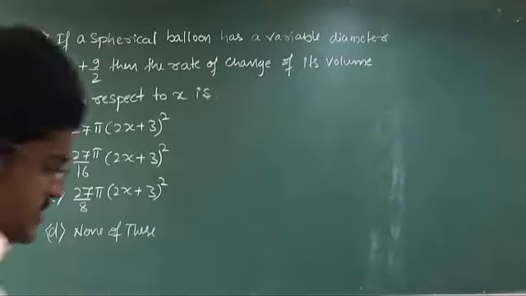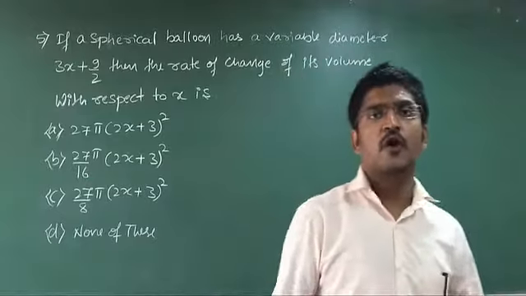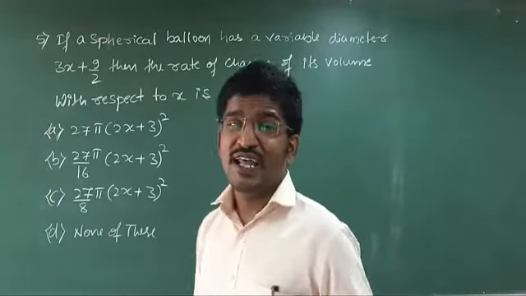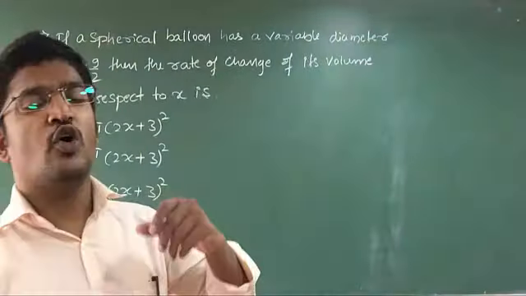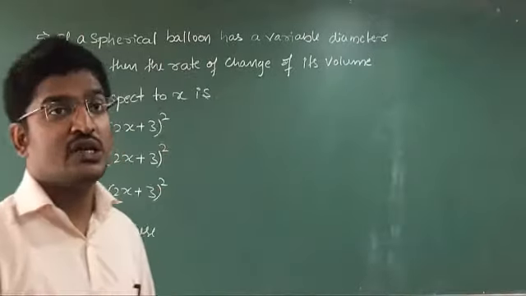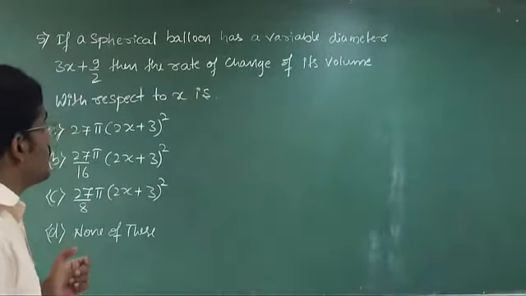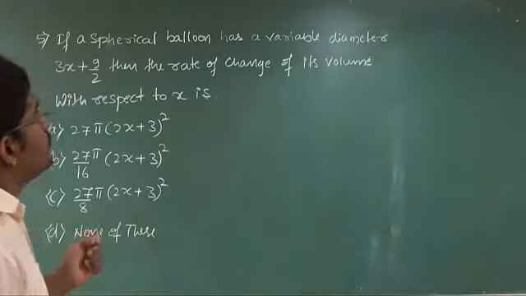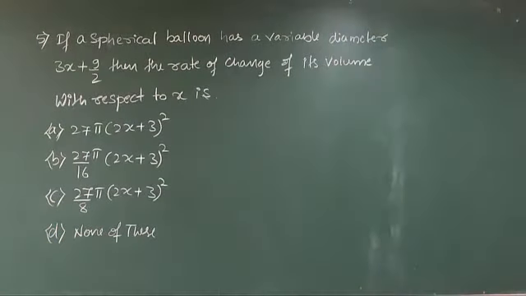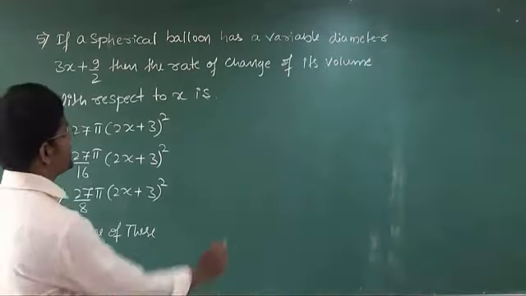Okay students, now let us move to further problems on rate measure of geometrical figures. Here a spherical balloon has variable diameter, that is 3x plus 9 by 2.